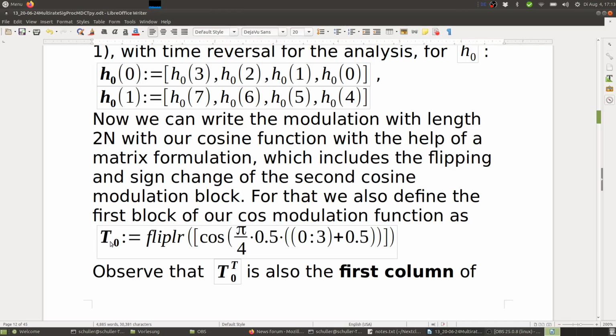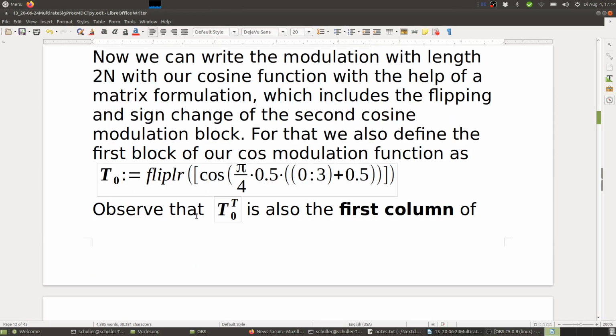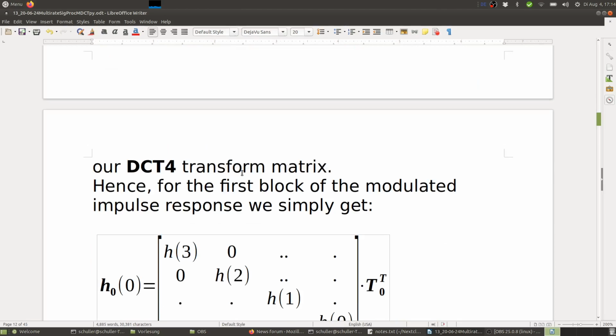So here's the first block, T naught, and here we have the cosine modulation function, and I'm also using the flip LR because this is what we have in the transform formulation. Right, so then T naught transpose is the first column of our DCT4 transform matrix.